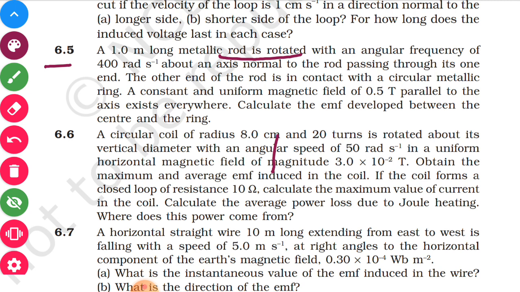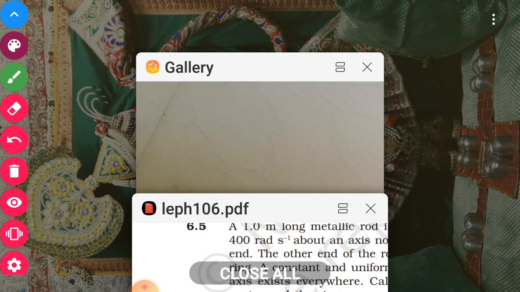The other end of the rod is in contact with a circular metallic ring. A constant and uniform magnetic field of 0.5 Tesla parallel to the axis exists everywhere. Then calculate the EMF developed between the center and the ring.